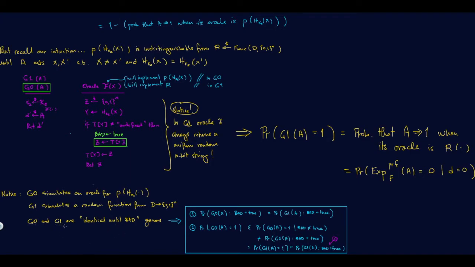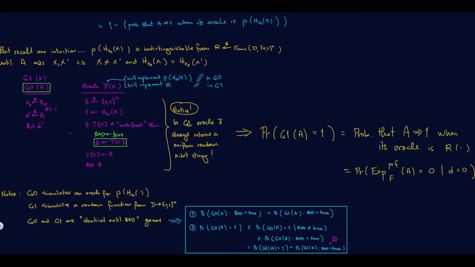G0 and G1 are what are called identical until bad. What does that mean? It means that the behavior of these games, in particular the behavior of the oracle, notice nothing changes between the games here. A runs with some oracle, outputs a bit D prime, and the game returns it. What's different is the behavior of this oracle, and this oracle behaves identically in both of these games until bad is set to true.